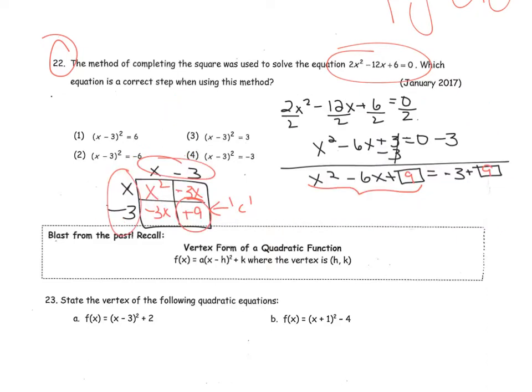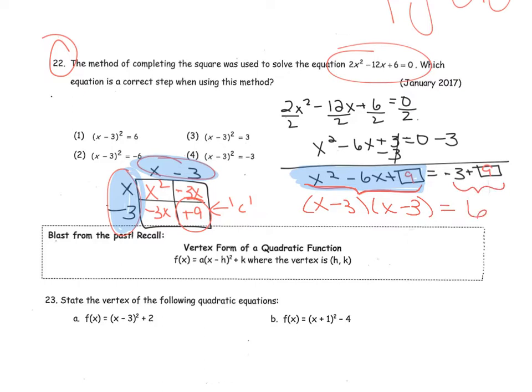So now what we're going to do next is we can rewrite this entire trinomial as the product of two binomials. So this trinomial here, the one I'm highlighting over in blue, is the product of x minus 3 times x minus 3. So let's write this out. We have x squared minus 6x plus 9 is equivalent to x minus 3 times x minus 3, which is equal to 6.